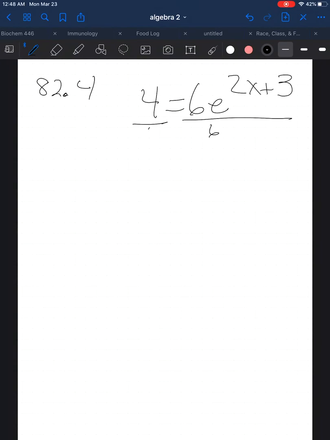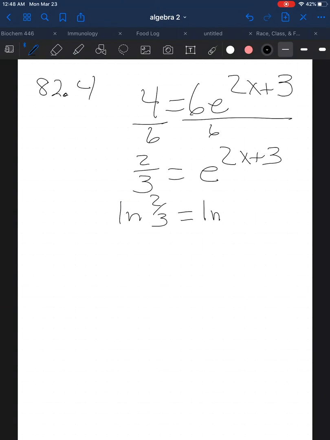Well, 6 is just multiplied times that, so let's just divide it. Okay, so that would be 2/3 is equal to e to the 2x plus 3. And then what do we do? Now we take the natural log of both sides. So ln of 2/3 equals ln of e to the 2x plus 3.